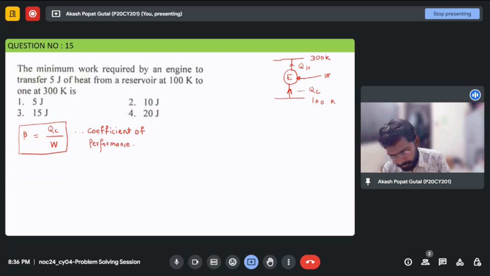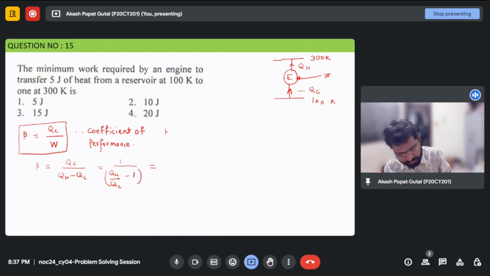So a small derivation, to show how the coefficient of performance and the efficiency of a heat engine are related. Beta is equal to QC over W, and W is nothing but QH minus QC. This gives QC by QH minus QC, which gives 1 by QH by QC minus 1.